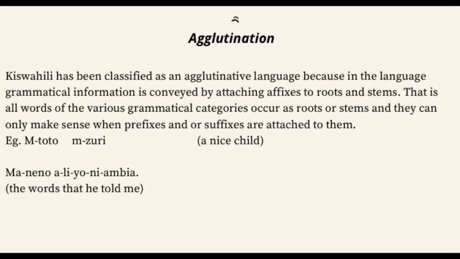Kiswahili has been classified as an agglutinative language because grammatical information is conveyed by attaching affixes to roots and stems. That is, all words of the various grammatical categories occur as roots or stems, and they can only make sense when prefixes or suffixes are attached to them.